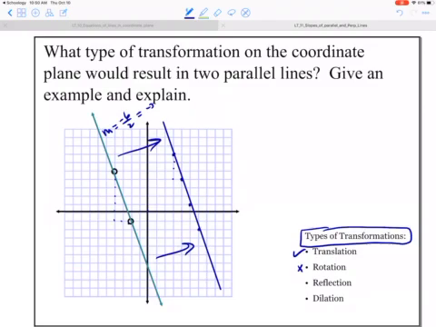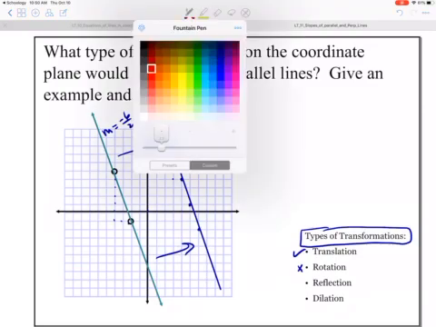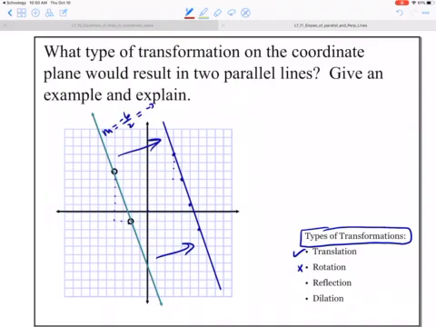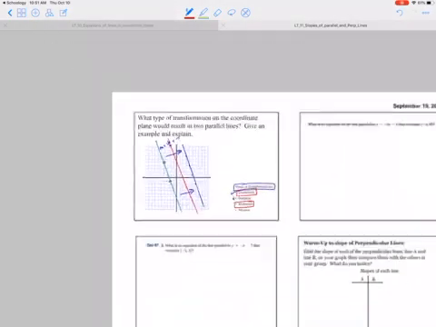Reflection, if I could get a line in between these two with the same slope of -3, then a reflection would actually work as well. And a dilation is something a little different, where we're making it bigger or smaller. You could say that you get the same line if the point of dilation is on the line, in which case it would be parallel.